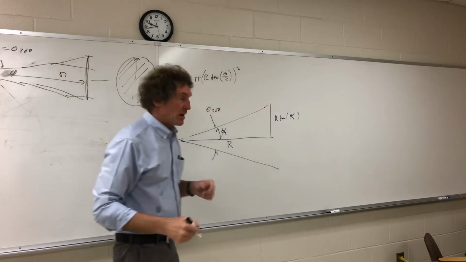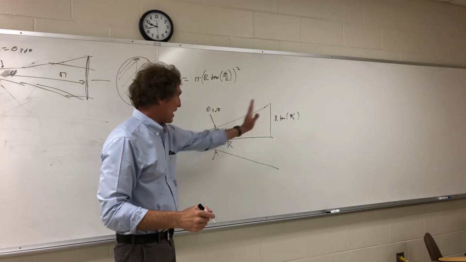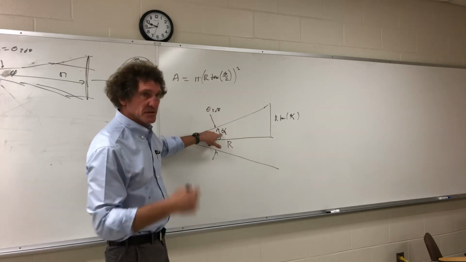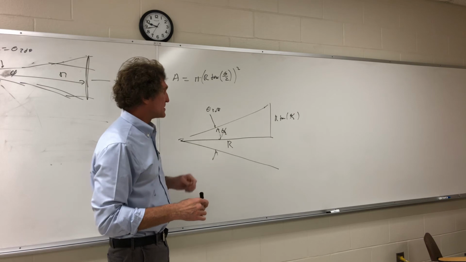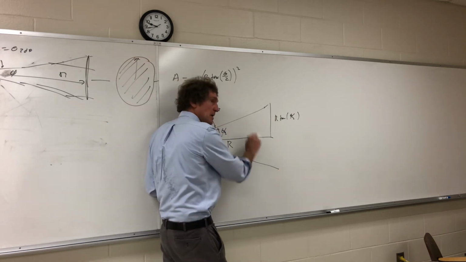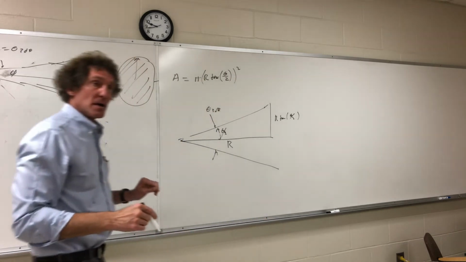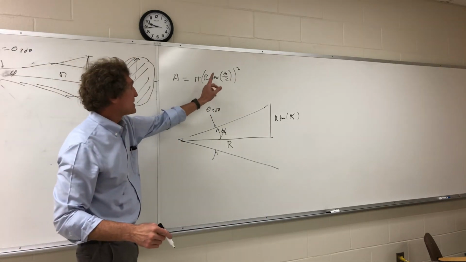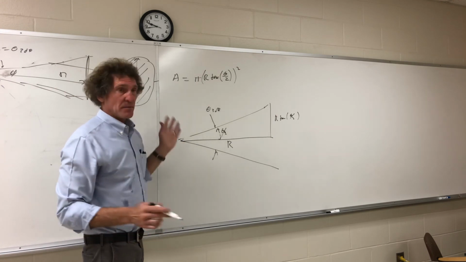Do you all agree with that? Opposite over adjacent, opposite here over R, tangent of that angle is this, therefore multiplying R by tangent theta over 2, is that right? Now that is circular, so the actual area that's illuminated would be pi times R tangent theta over 2, squared.